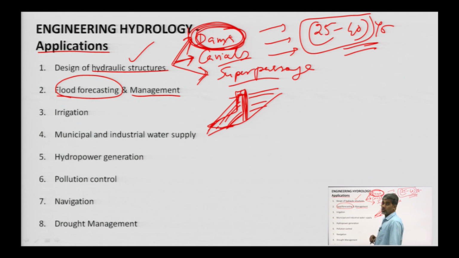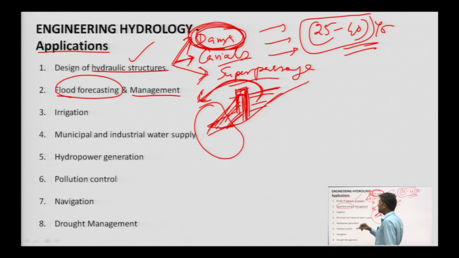Due to certain conditions, if the water has to be released, then how is this water going to affect the nearby areas?